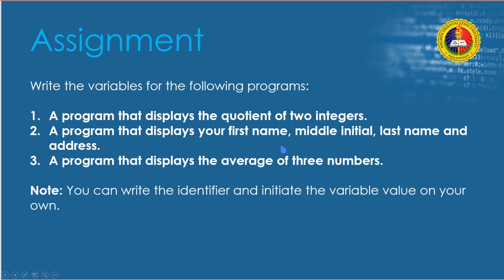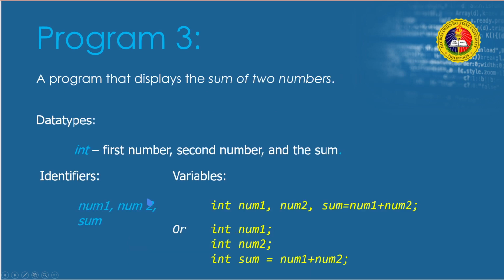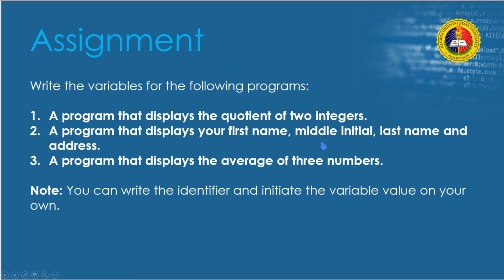And then second, a program that displays your first name, middle initial, last name, and address. Alright, what are the identifiers of it? So this is how you're going to write it, by the way. First, you're going to write the data type, identifier, and variables. So each number, you'll have 3 groups of answers. For example, number 1, a program that displays the quotient of two integers.